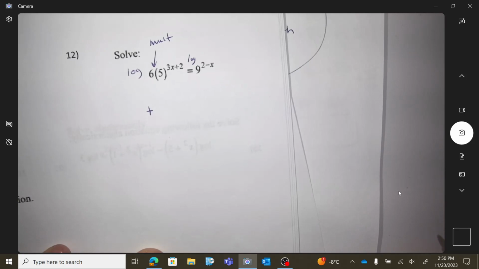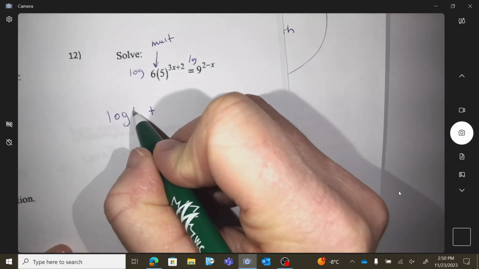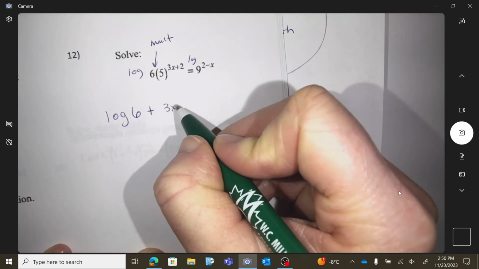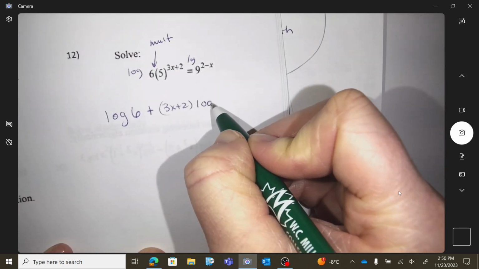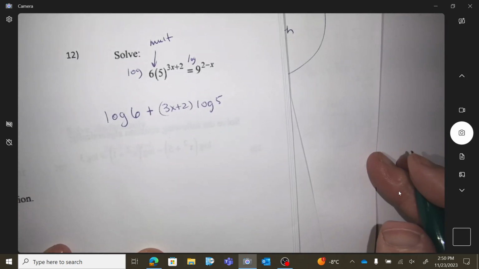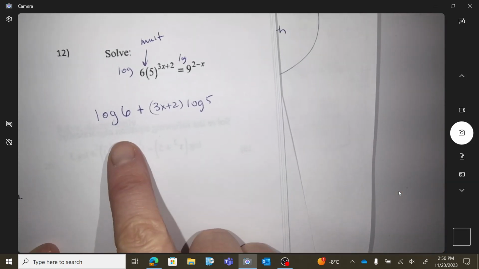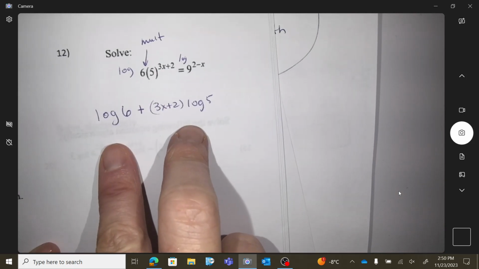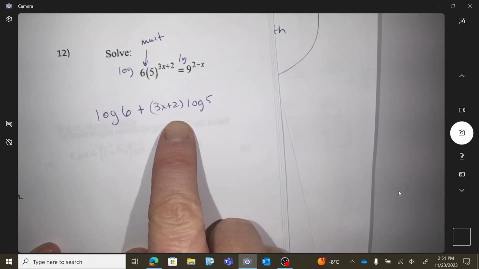So you're going to have to do an add. Okay, multiply became add, exponent became coefficient.